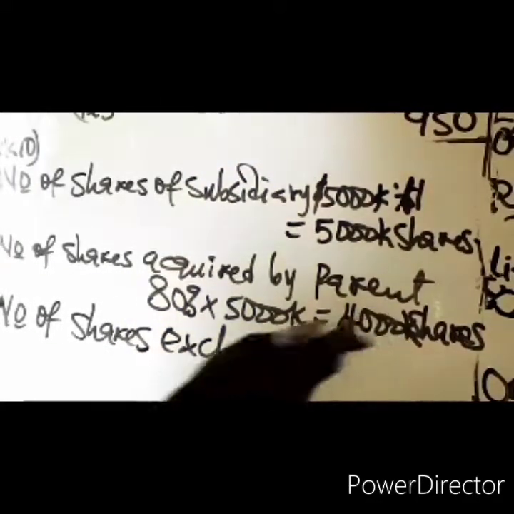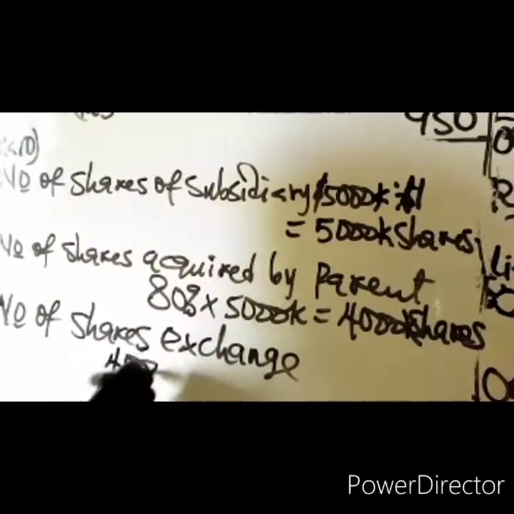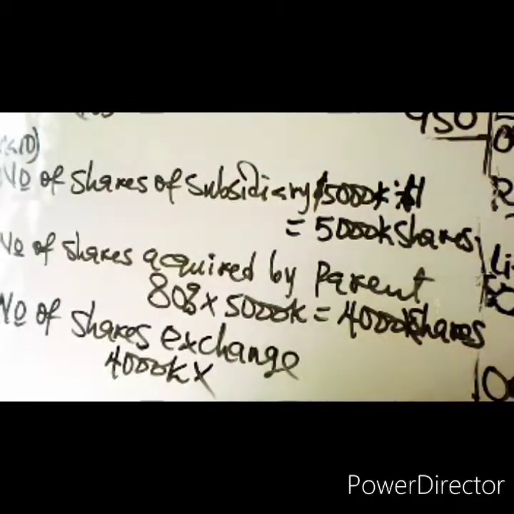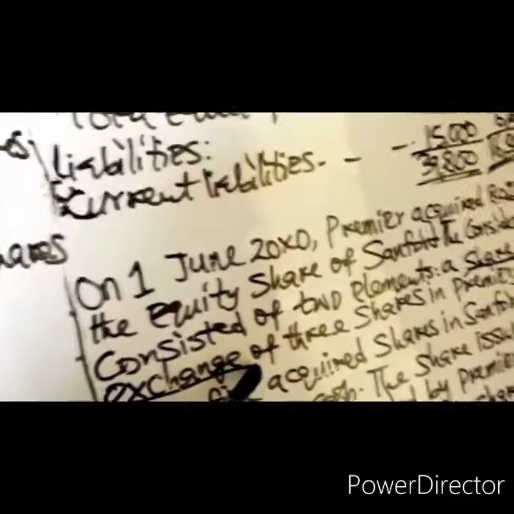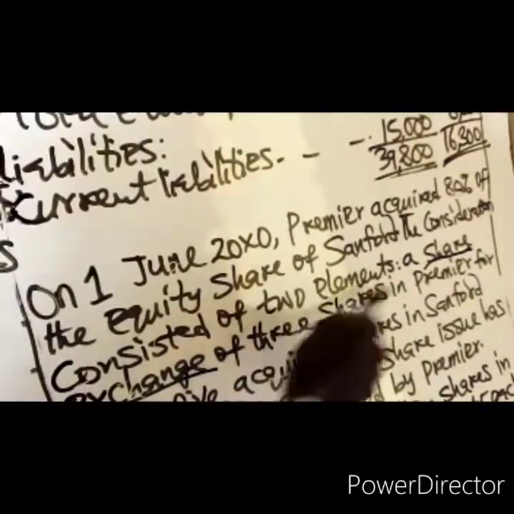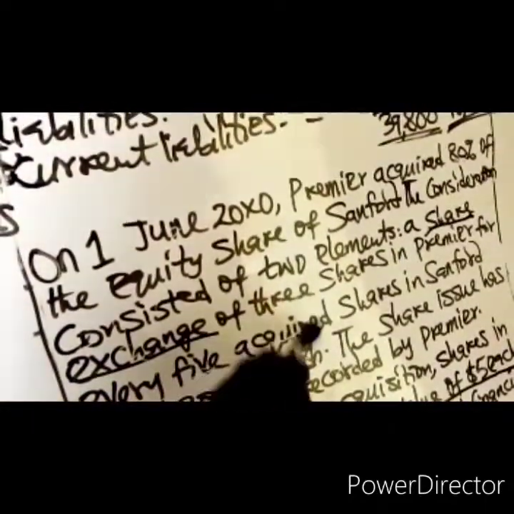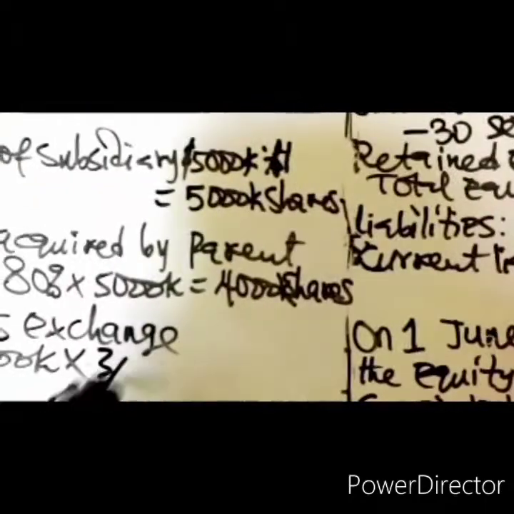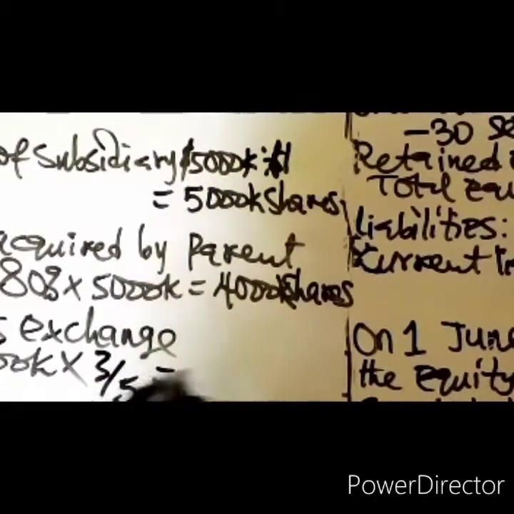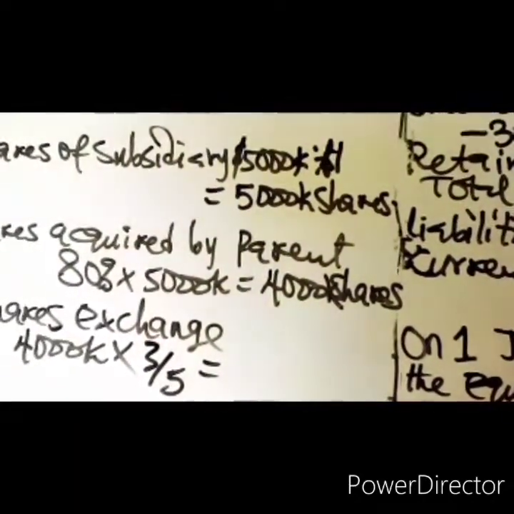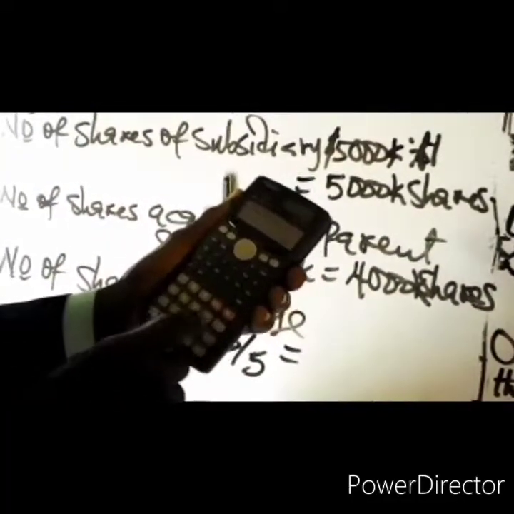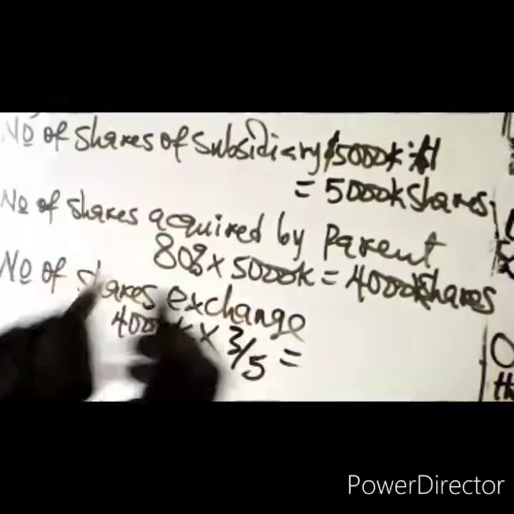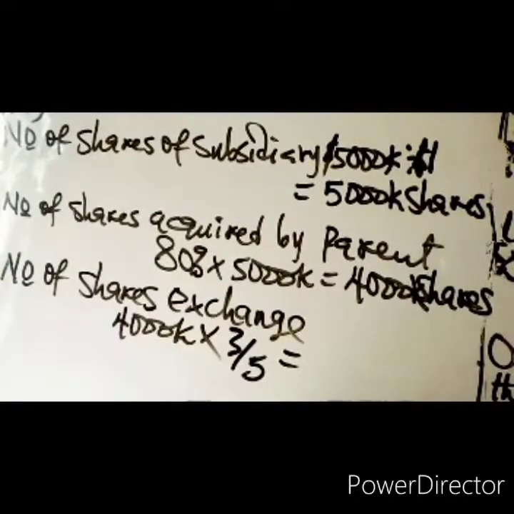Remember the parent acquired 4 million shares. 4 million times 3 shares in Premier. Share exchange of 3 shares in Premier for every 5 acquired. 4 million times 3 divided by 5, and that will give us 2.4 million shares.